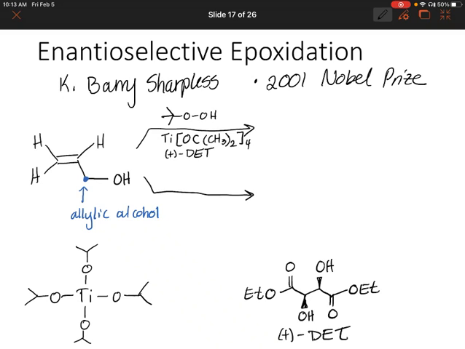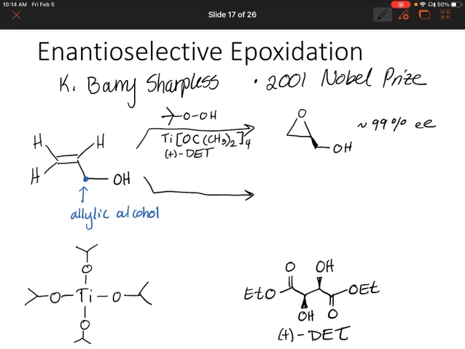Okay, so this will end up forming our epoxide with a very specific stereocenter where that alcohol is bonded. And that will form at about 99% enantiomeric excess.